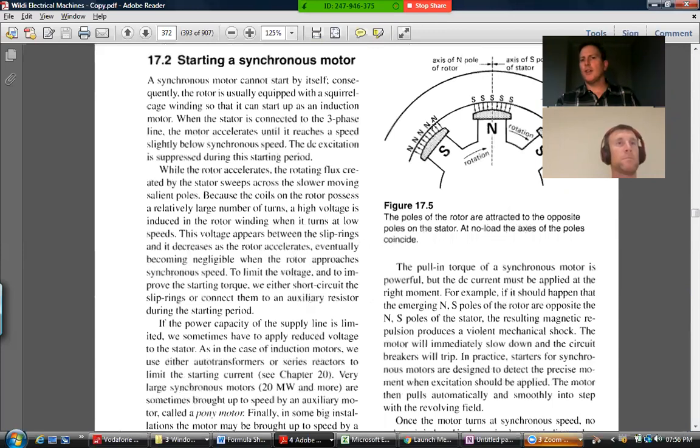If you suddenly put 50 hertz on a synchronous machine, its inertia, it's quite heavy generally. Its inertia, the magnetic poles passing, the stator poles passing the rotor poles will pass them so quickly that it won't have time to drag them around and maintain that attraction.